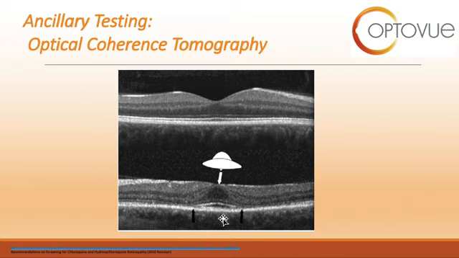However, in this particular case, there's preservation of the ellipsoid zone and ISOS junction and RPE. This results in what we call a classic flying saucer sign. So this area here looks almost hyporeflective due to the changes that are happening in the parafoveal area.